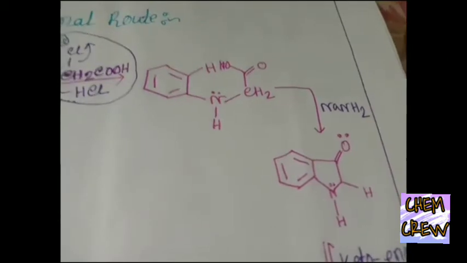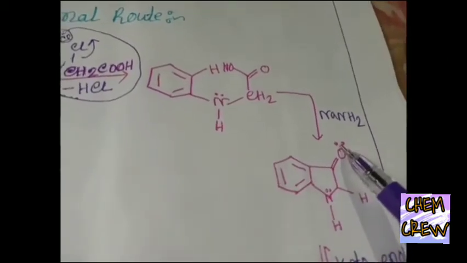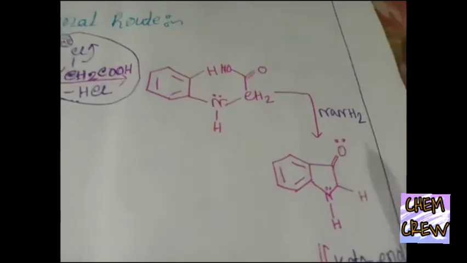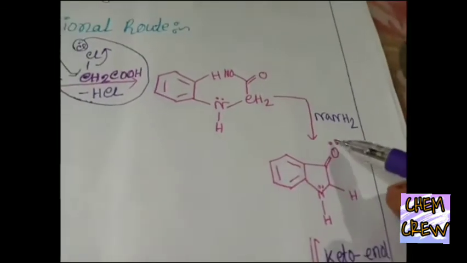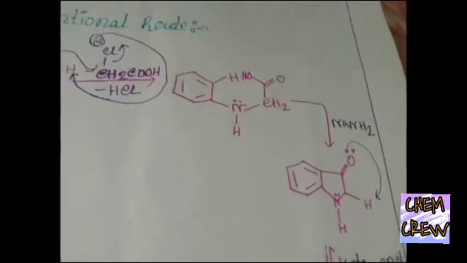The lone pair of oxygen attacks the hydrogen, and thus the electrons of the hydrogen bond turn to a double bond, and the lone pair of oxygen is returned.